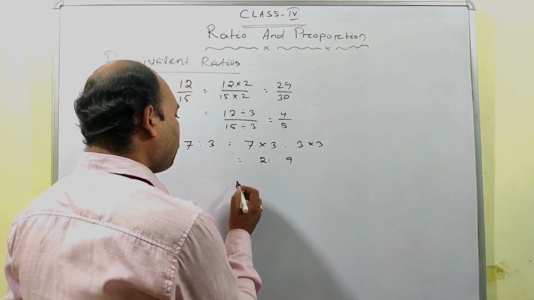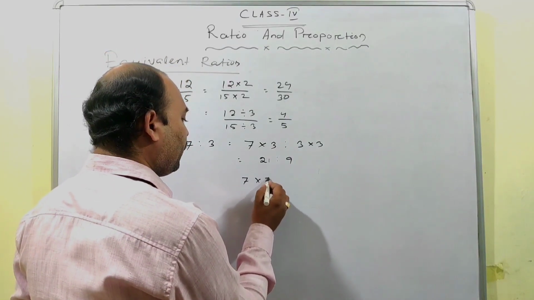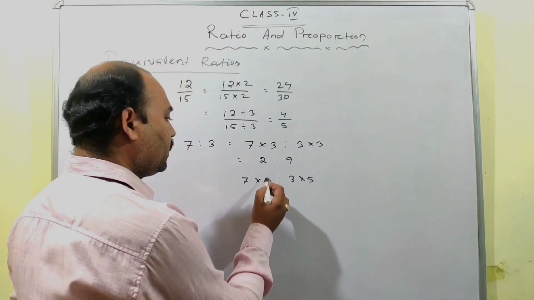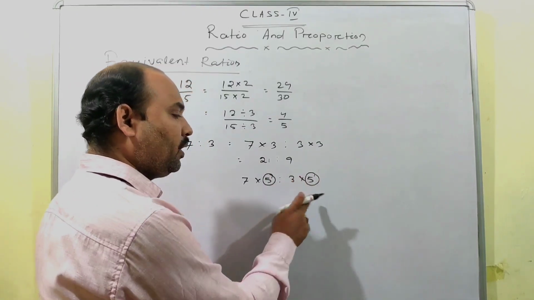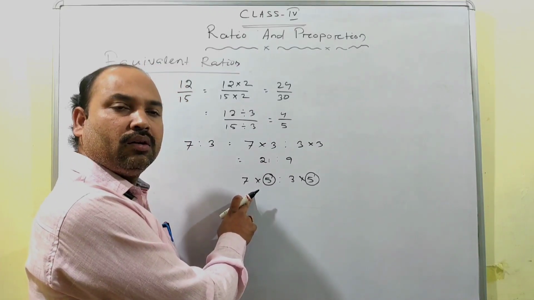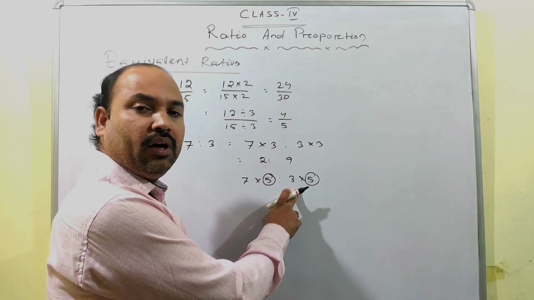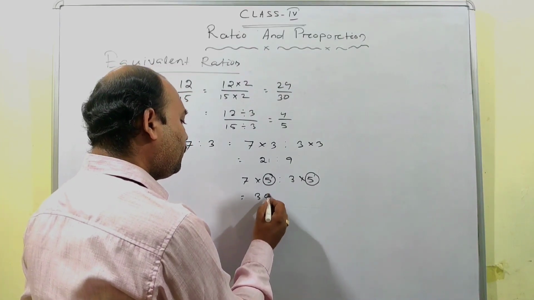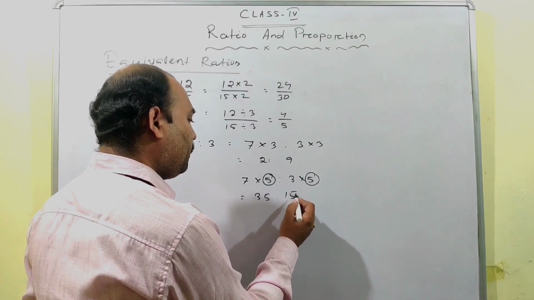Or you can say 7 into 5 is to 3 into 5. It means 5 and 5 are the same non-zero number, multiplied with the antecedent and with the consequent. So it will be 35 is to 15.